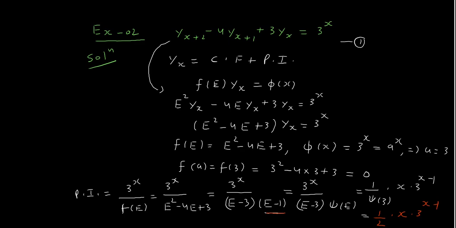Now, what is the complementary function? How do we find it? We just put f(E) equal to 0. This implies E squared minus 4E plus 3 equals 0, and the factors are (E minus 1) and (E minus 3), so E equals 1 and 3.